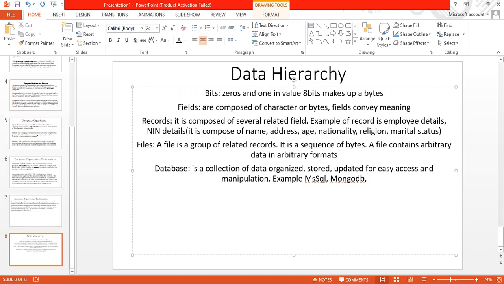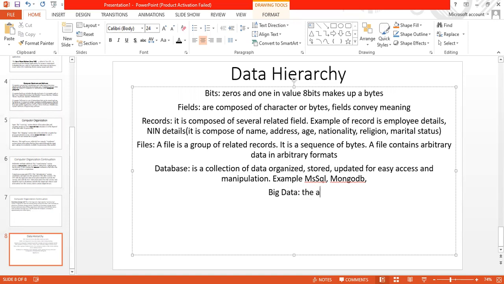They can be stored in tables, they can be stored in graphs. We can store our information in graphs, we can store them in tables, and tables consist of rows and columns. Also, we have what is called big data. You'll be wondering, what is big data?